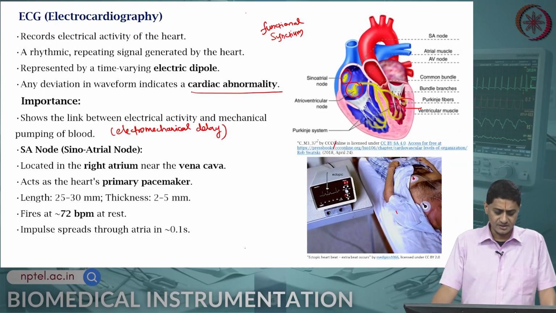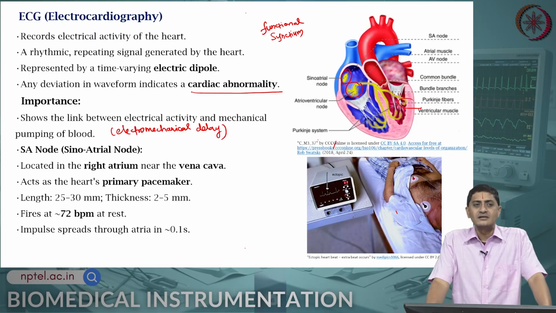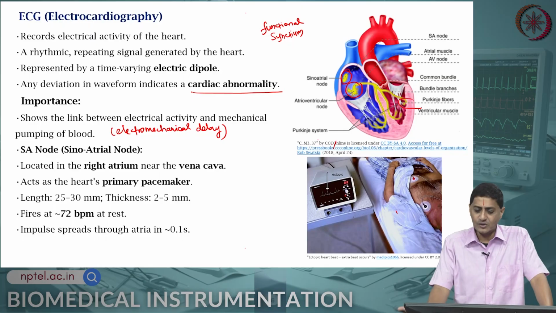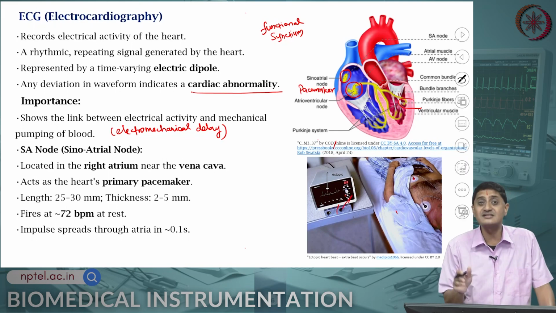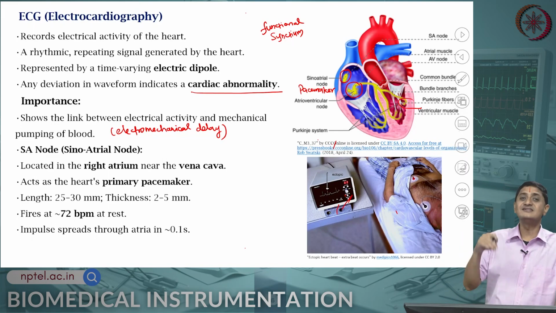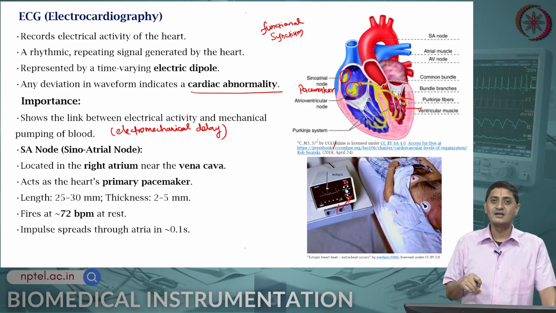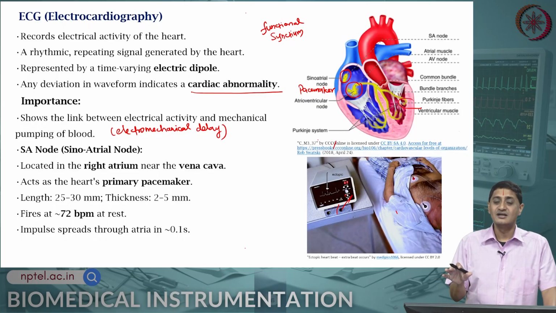Anyhow, coming back to the electrical system of the heart, we have the sinoatrial node, which is the natural pacemaker of the heart. This is there naturally. This is not the pacemaker device that is implanted. This is the natural pacemaker that is already present in the heart.